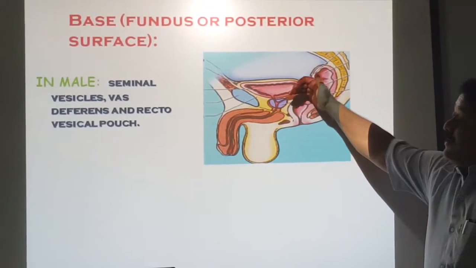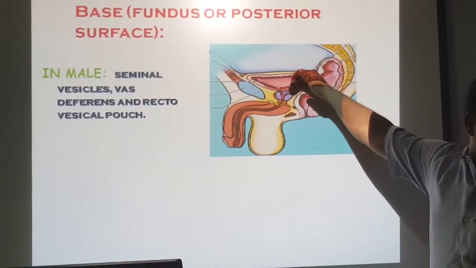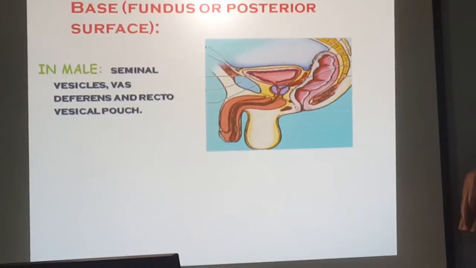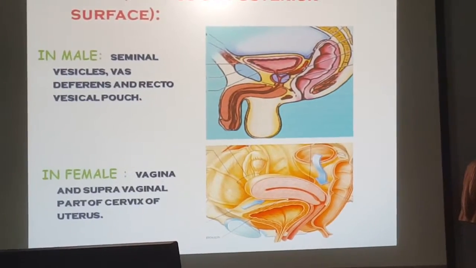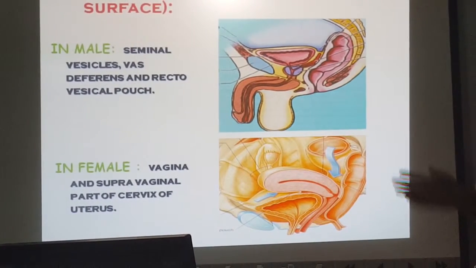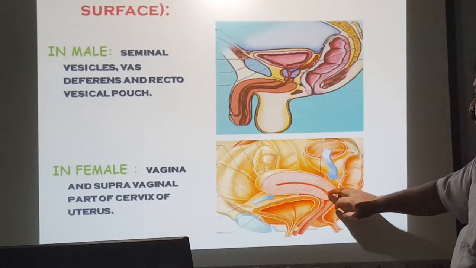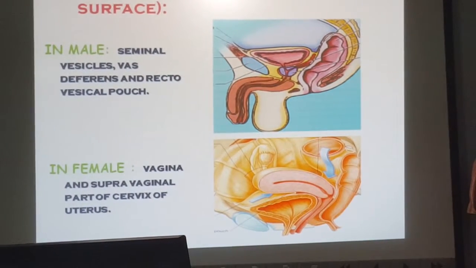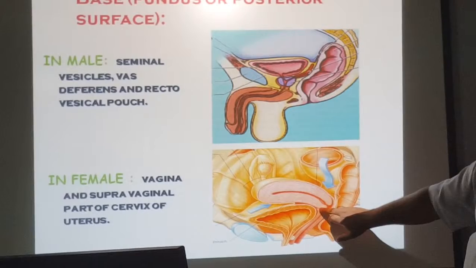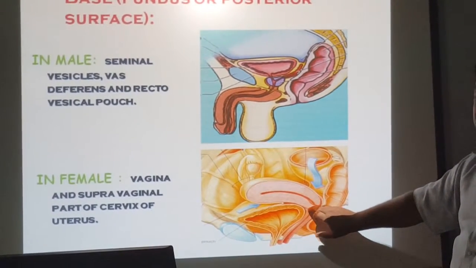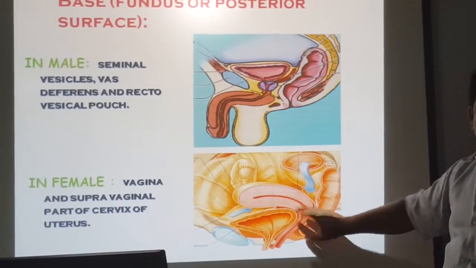This is the relation of the base of the urinary bladder. And in case of female, it is related with the vagina and the supravaginal part of the cervix. That is the base of the urinary bladder.